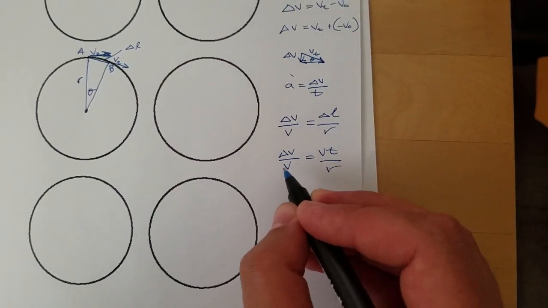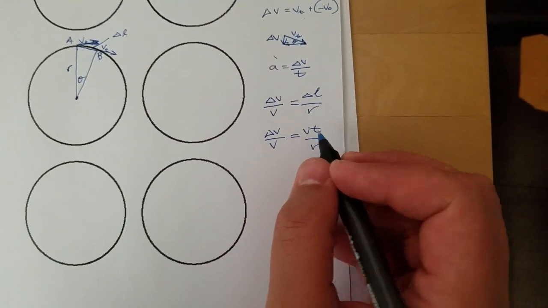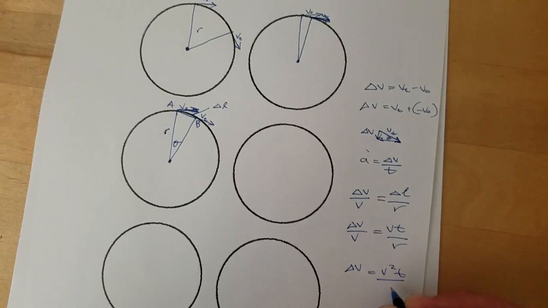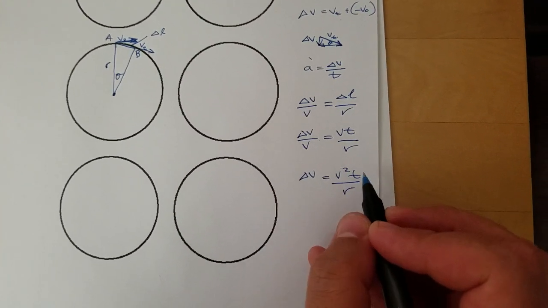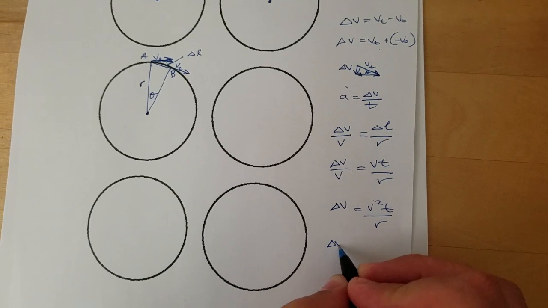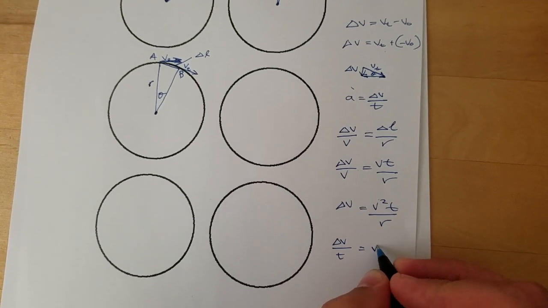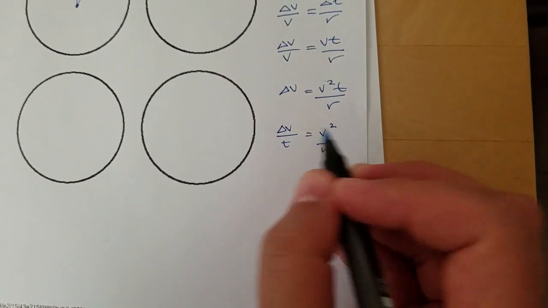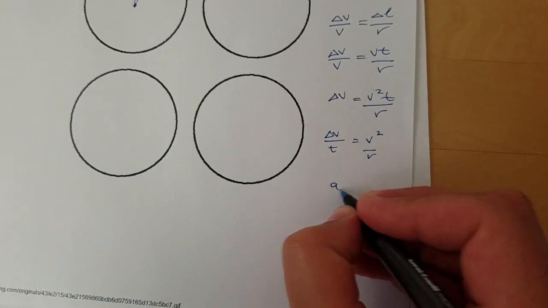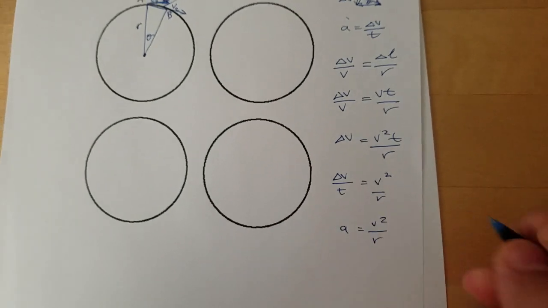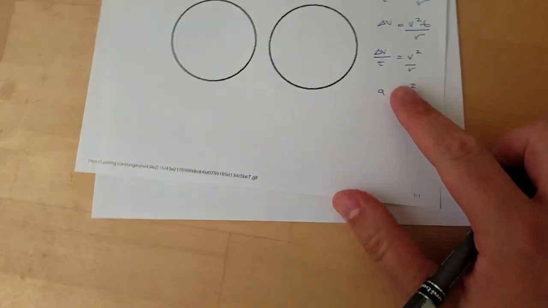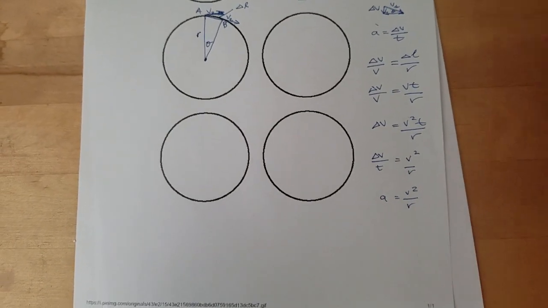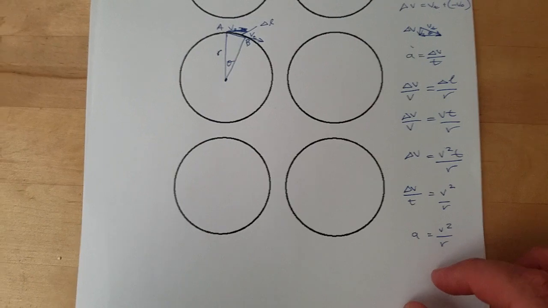If I multiply both sides by V, we get delta V equals V squared T on R. And then if I divide both sides by T, we get delta V on T equals V squared on R. What's cool about this change in velocity over time is it's simply acceleration, so we can rewrite this as A equals V squared on R, which is pretty awesome.